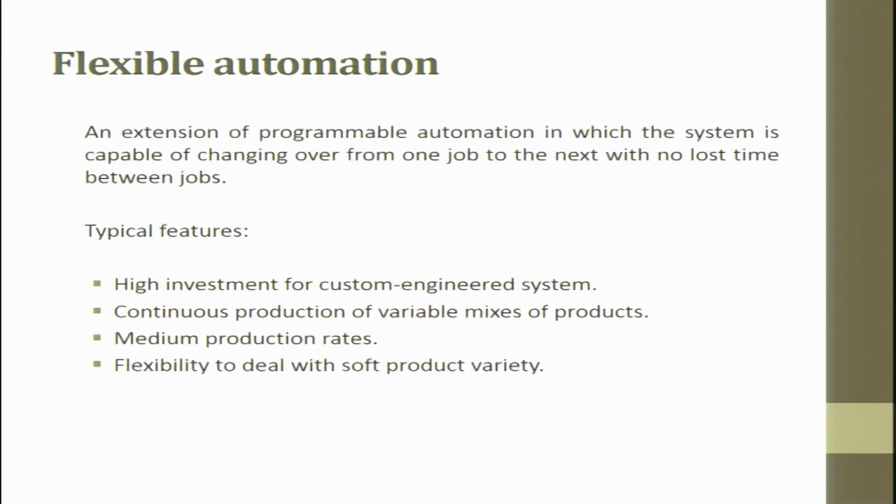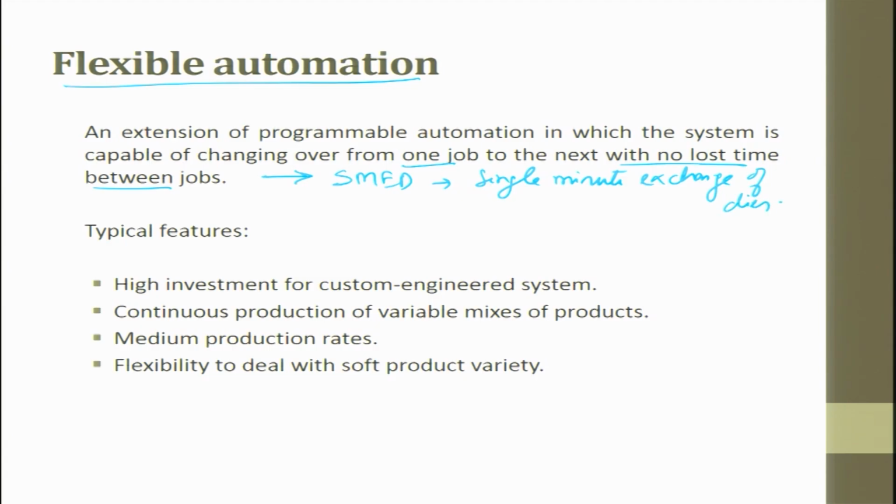When we talk about flexible automation, an extension of programmable automation in which the system is capable of changing over from one job to the next with no loss of time between the job is called as flexible automation. So, we talk about a term called SMED, which is nothing but single minute exchange of dies. In the metal forming industry, the punch and die assembly takes a lot of time.